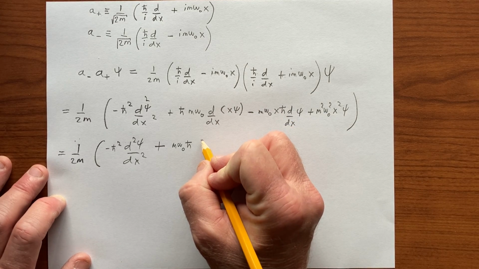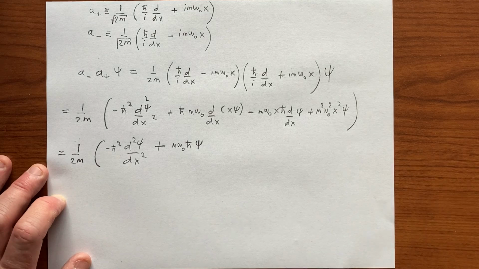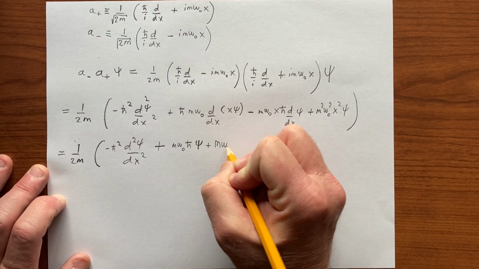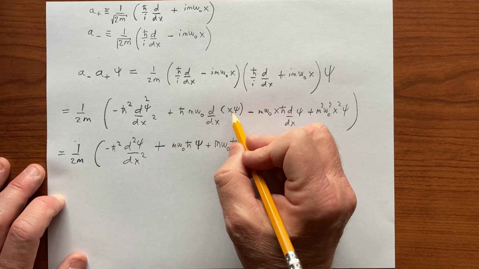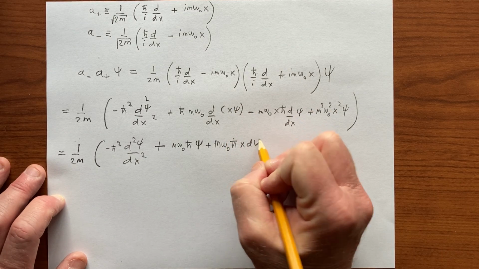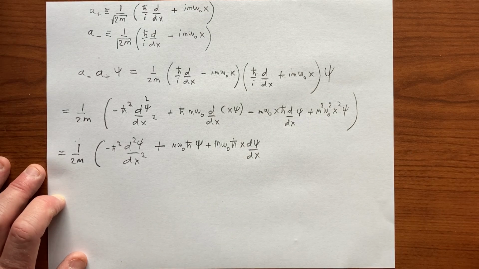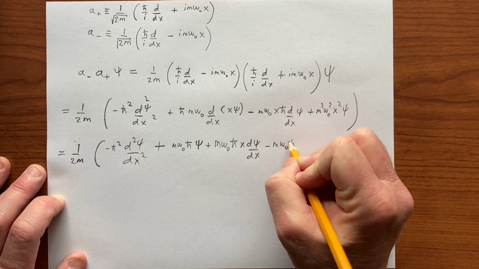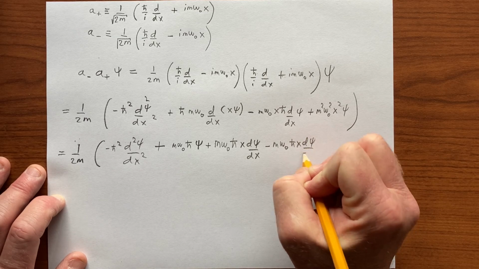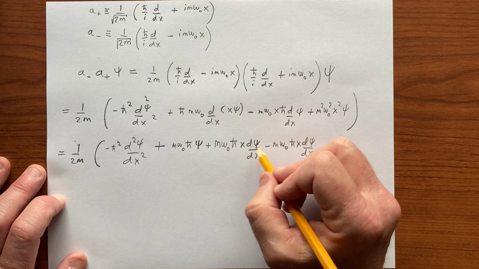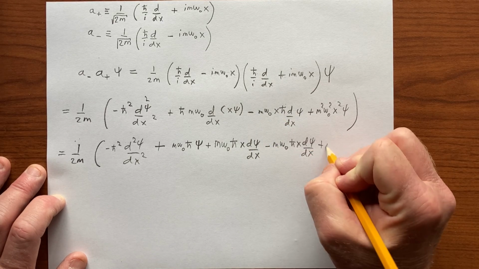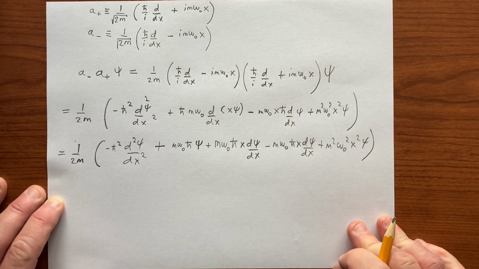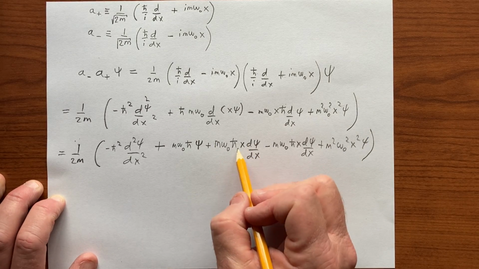So we have psi plus m omega naught h bar x times d psi by dx. We're going to get rid of this with this term. Right, this is equal to that. And then, as we said, this term is equal to this.